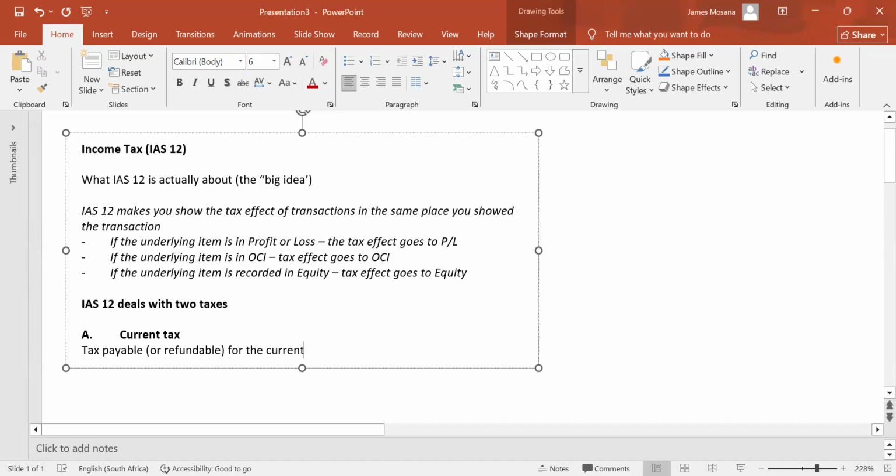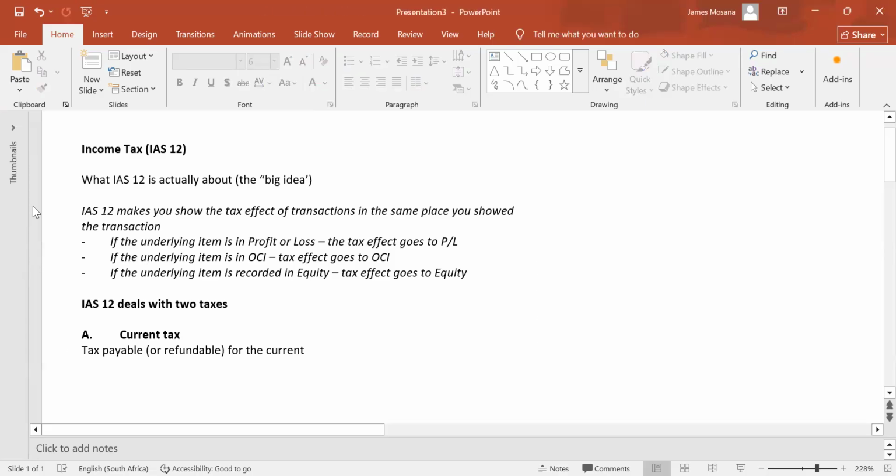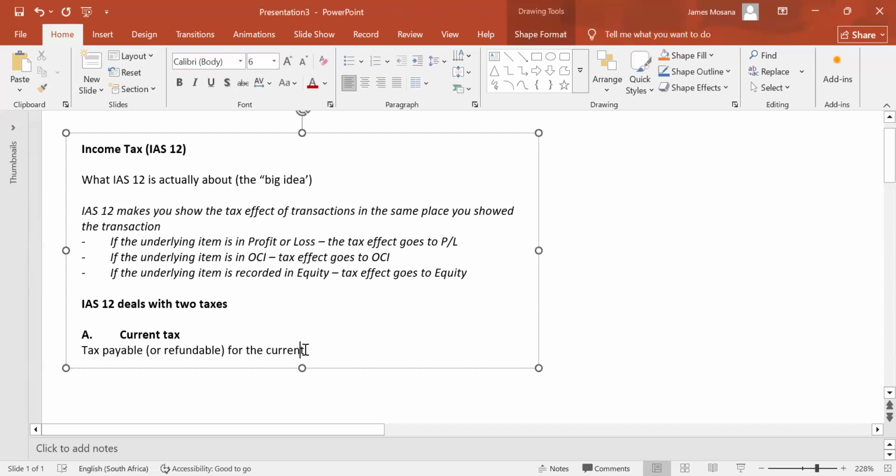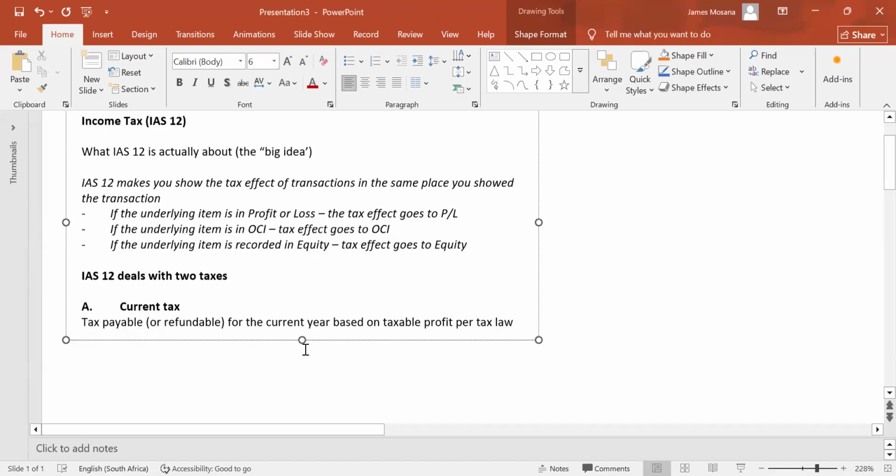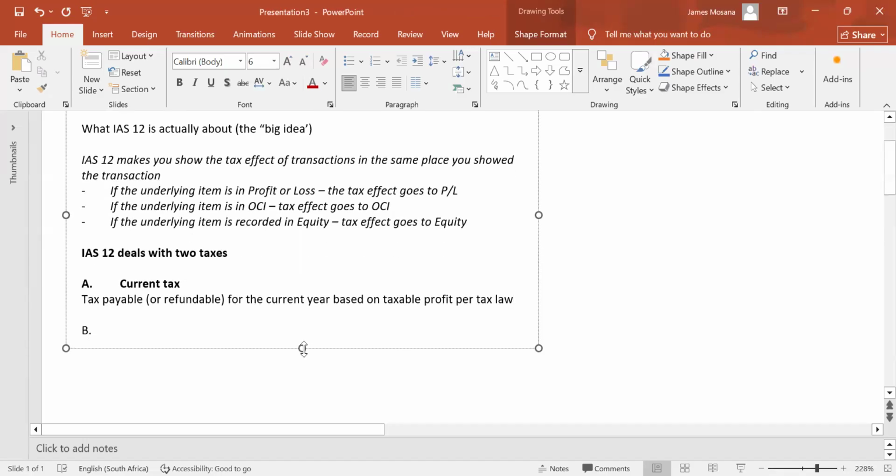for the current year based on taxable profit per tax law. Now, we also have B, which is the deferred tax.